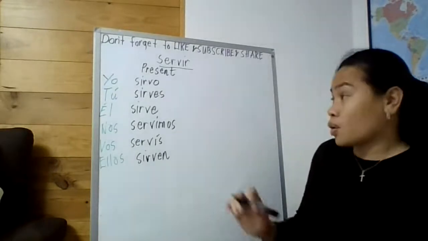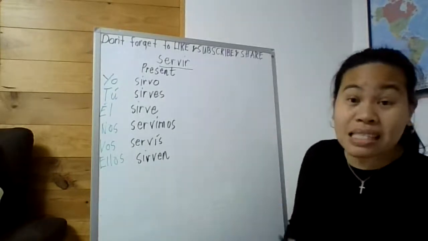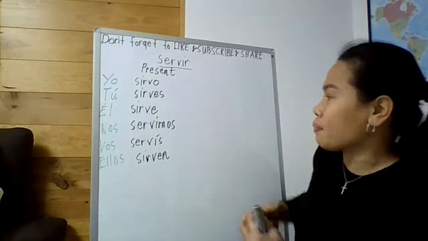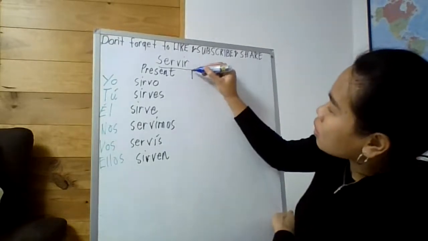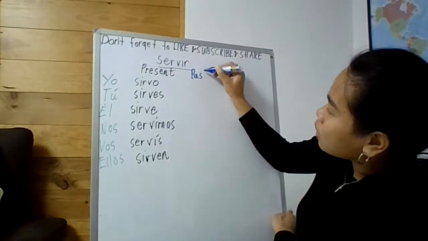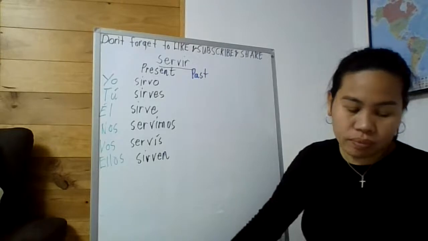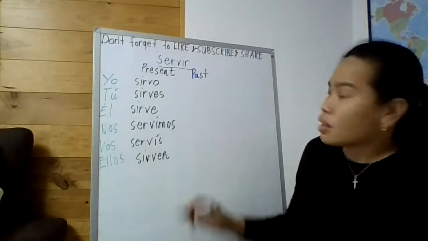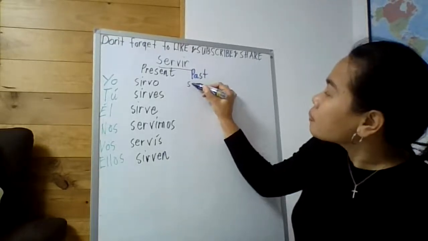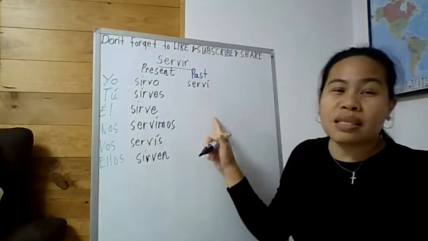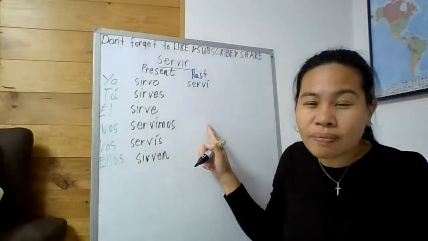Now, if we are going to make the past simple of this verb servir, past simple. Serví, with acento, serví.